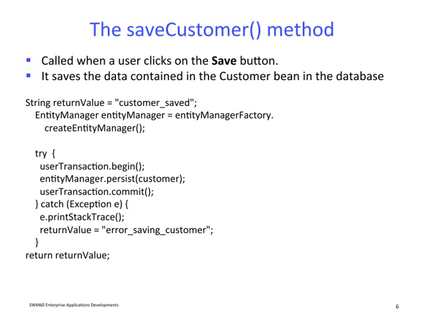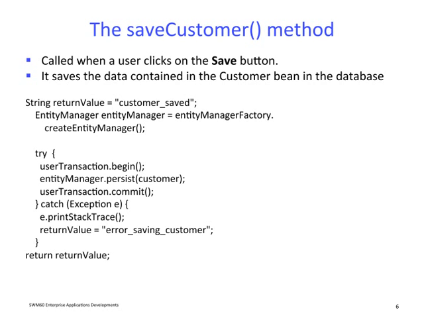Then we call the entity manager to persist that customer, and once the records are saved, we need to commit that transaction. Simply invoke commit, and the database will release the transaction.